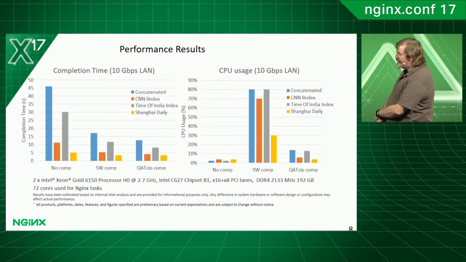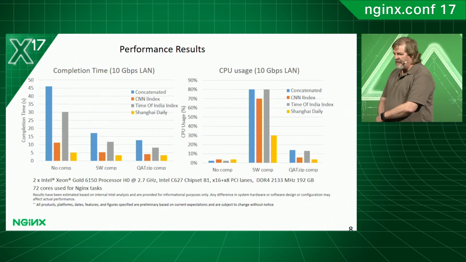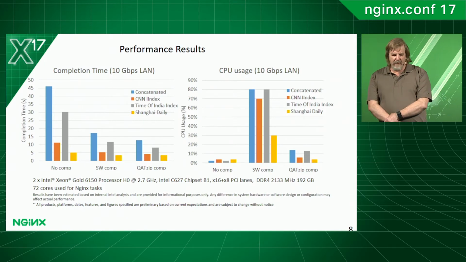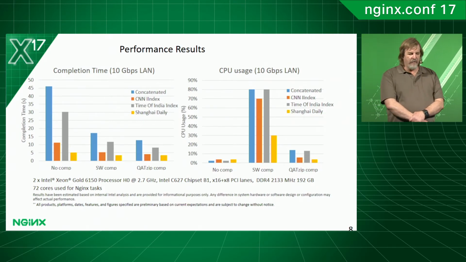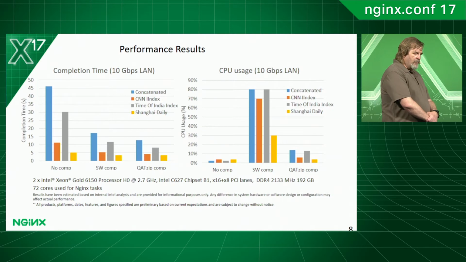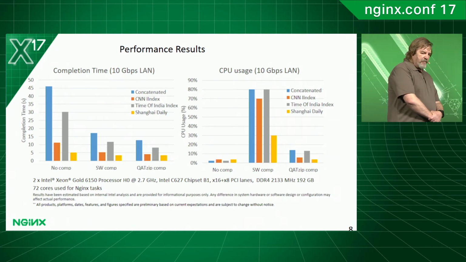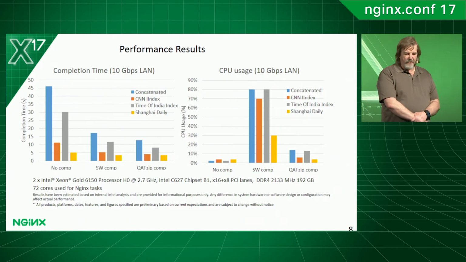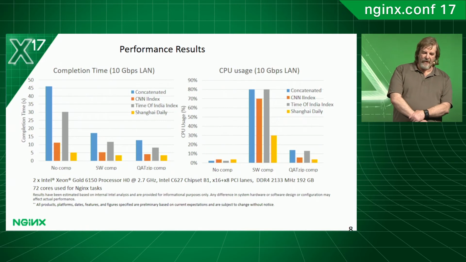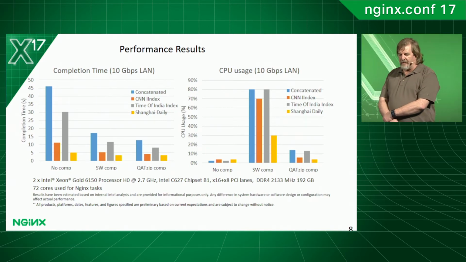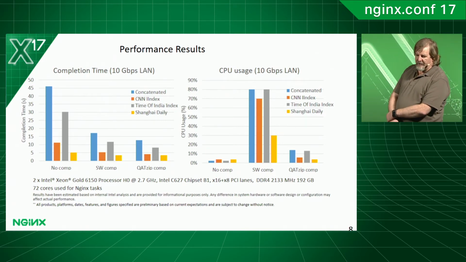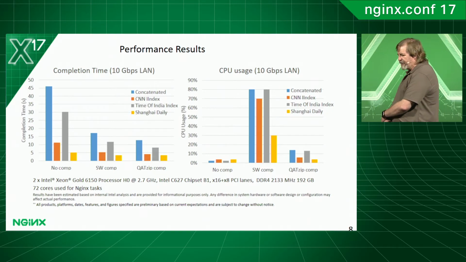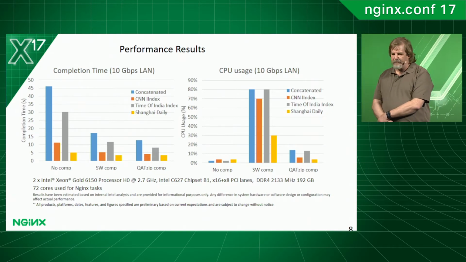So we ran this in 3 phases. On your left, we ran it with no compression. In the center, we did it with software-enabled compression with the standard zlib API. And on the right, it's the same with QuickAssist-enabled compression.